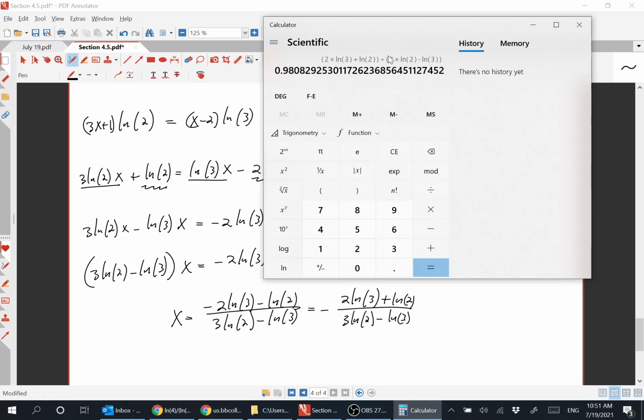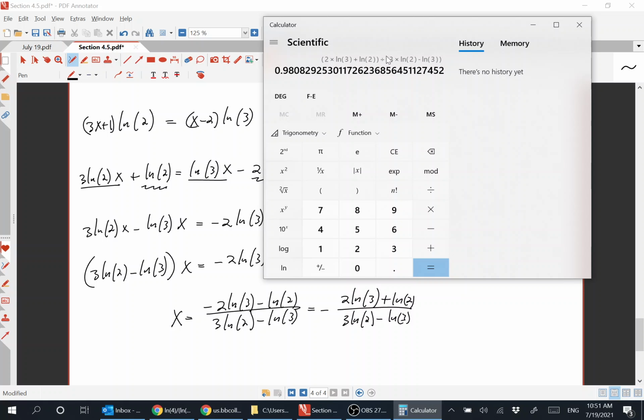So that's what I'm looking at right here. 2 times natural log of 3 plus natural log of 2 divided by 3 times natural log of 2 minus natural log of 3. And you need all those parentheses there because it won't understand the division if you don't.